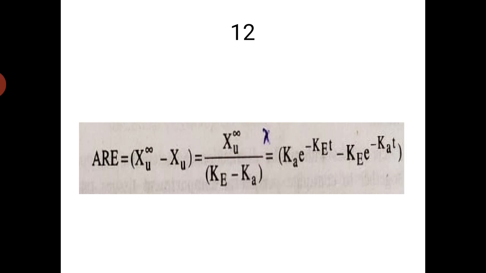This is somewhat similar to a few previous equations we learned. Okay, so from this you can determine the Ke. For determining the Ke, now we have to plot a graph. So this is a semi-log plot of Xu infinity minus Xu against time.